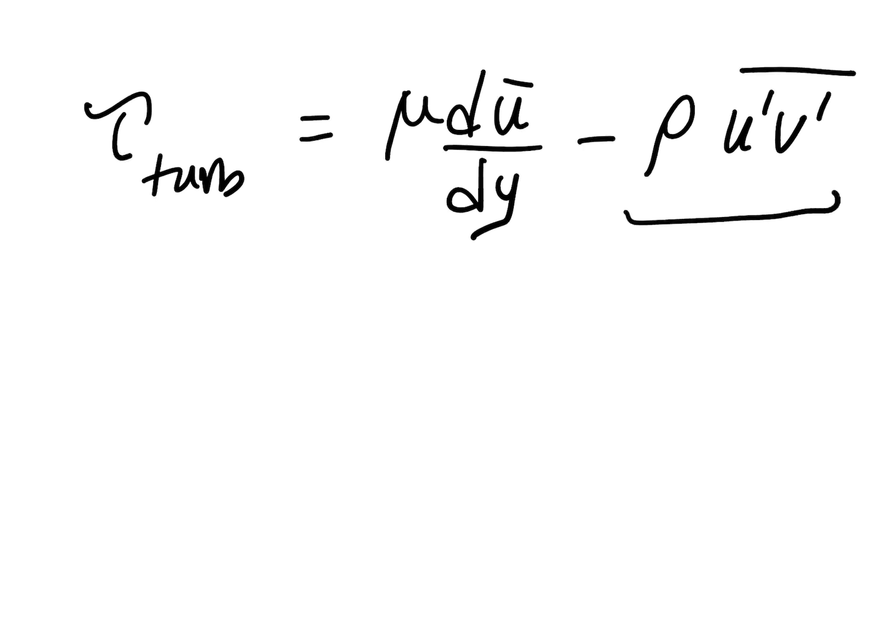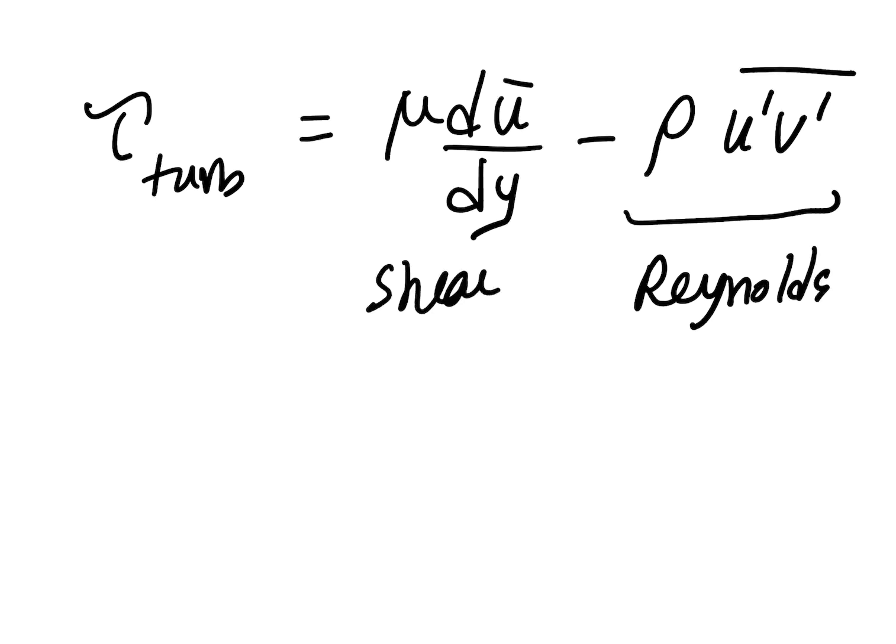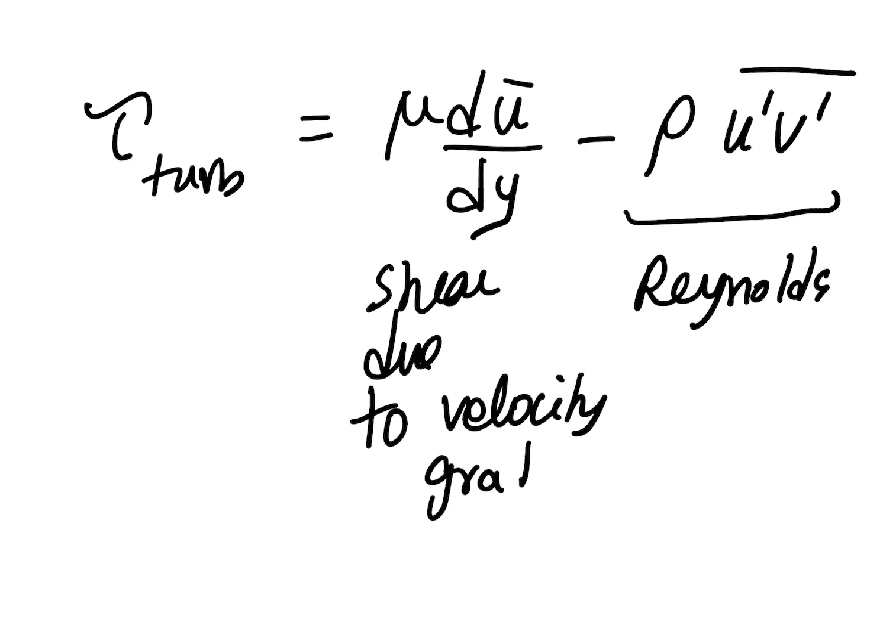This term is the additional shear stress that appears in turbulent flow. If you think of this as a laminar flow, u dash and v dash are 0, and this goes away, giving you back the original shear stress equation that we saw.